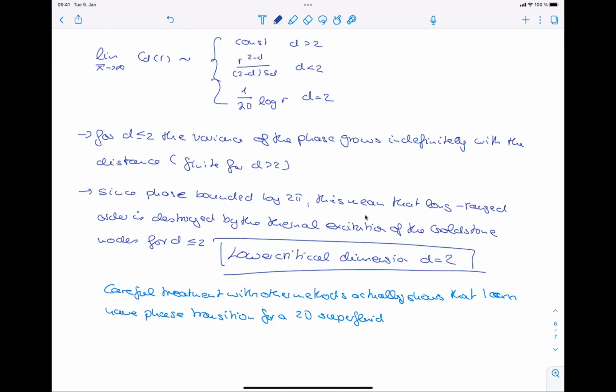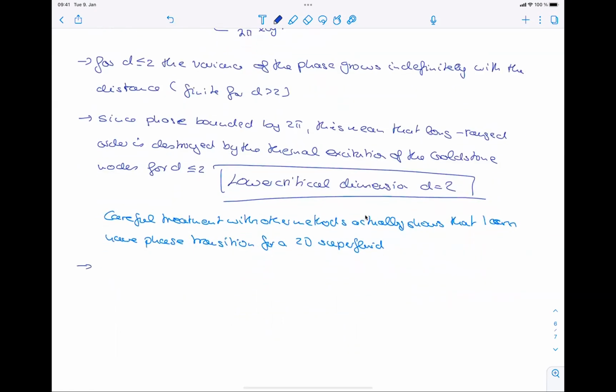So this lower critical dimension of d equal 2 comes from the mean field result, but in reality, we find that for 2D superfluids, it should actually be d equal 1, right? And also note for d equal 1, which is the case that we can't look at when we considered Goldstone modes.